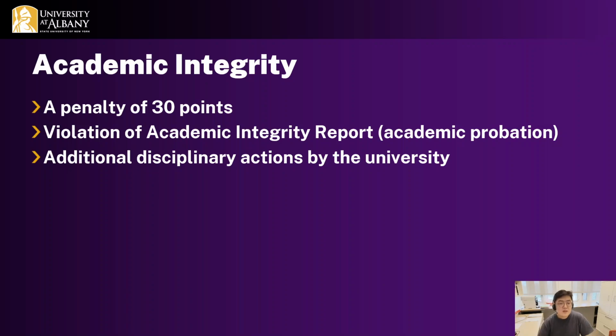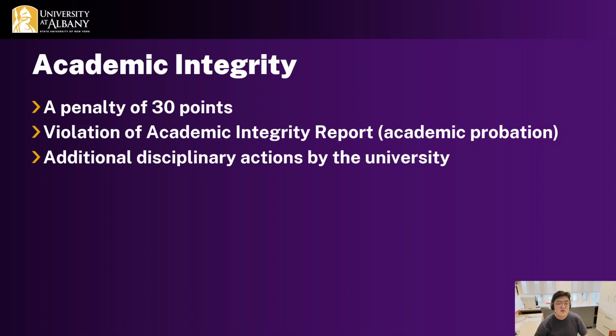And two last issues: academic integrity. Do not cheat. Before COVID, I filed a lot of reports of violation of academic integrity, right? I reported almost 3 or 4 reports every year. There were a lot of students cheating. I know that, and I am very serious about that. I'm very strict about that. And so I will impose a 30 points penalty here.